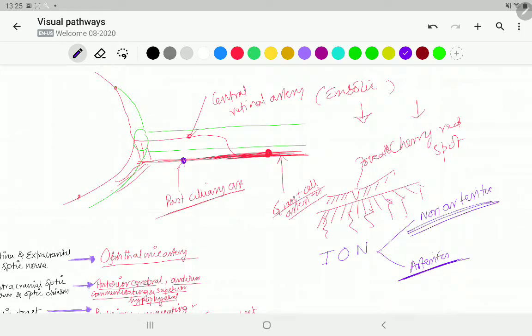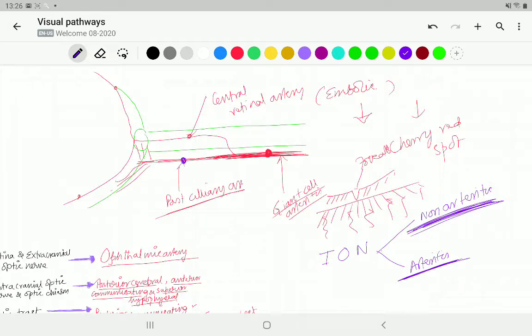By far, non-arteritic is the commonest here, and the common cause is similar to what we see in small vessel disease, and sometimes we see it if there is hypotension for any reason, if the patient is septic or during general anesthesia, etc., or they have extensive small vessel disease.